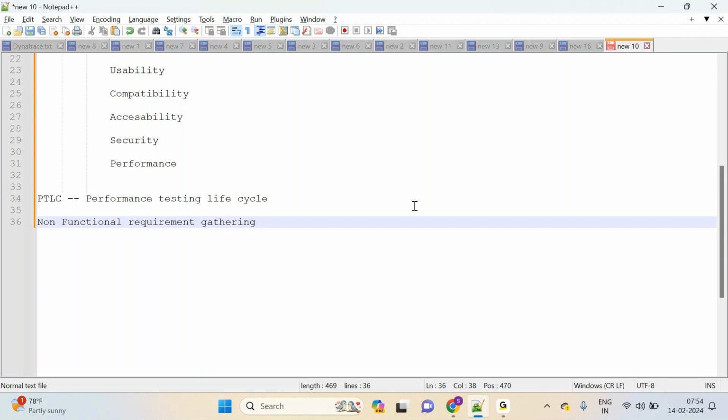A typical example is your user load, or the business flow, what business transactions you need to do performance testing on, or your throughput, how much throughput you need to achieve, or even environment details, which environment you have to do the testing in.